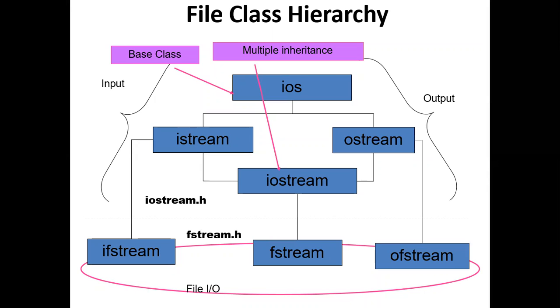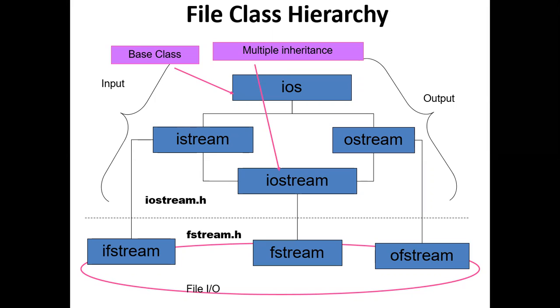There is a main class, the input output stream ios class, which has a hierarchical structure divided into two parts. istream means input stream, ostream means output stream. Now ostream and istream are both parent classes of the iostream class.